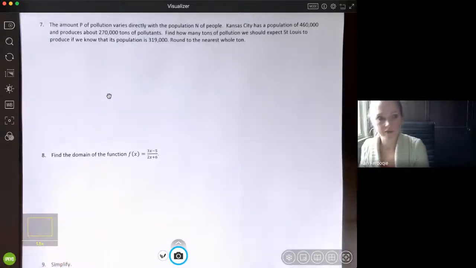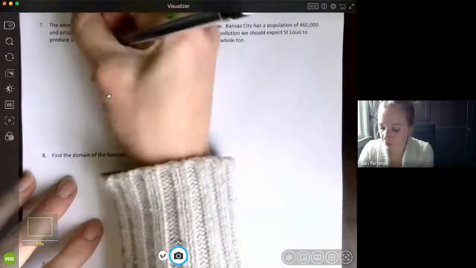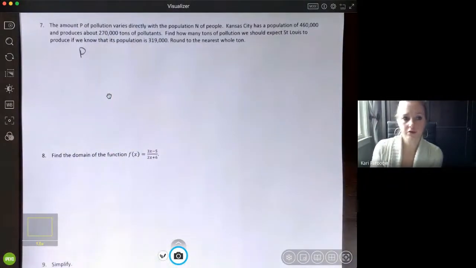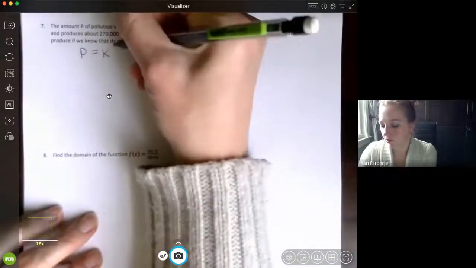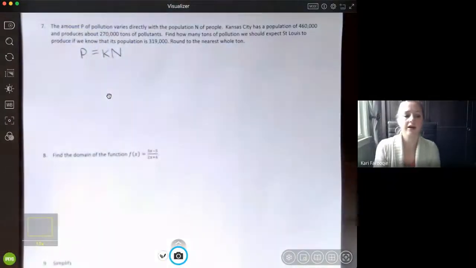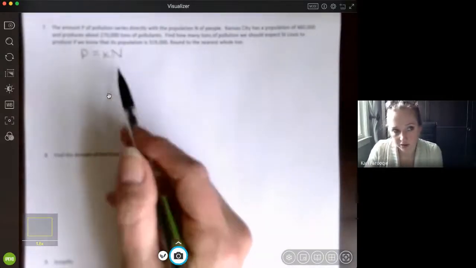Okay. The amount of pollution, P, and I'm going to start writing this down as I read. The amount of pollution, P, varies directly with the population, N, of people. Varies directly means you're going to have P equals K, N. Remember, when you vary directly, whatever is behind your equal sign is going to get multiplied on the right-hand side.